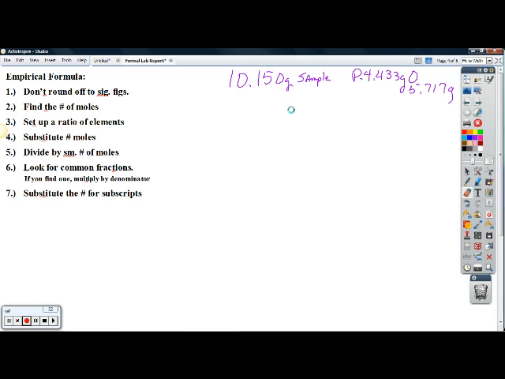Now I'm going to erase that. Now, can I change those grams to moles? Yes. So the first step says find the number of moles of each element. So I've got 4.433 grams of phosphorus.